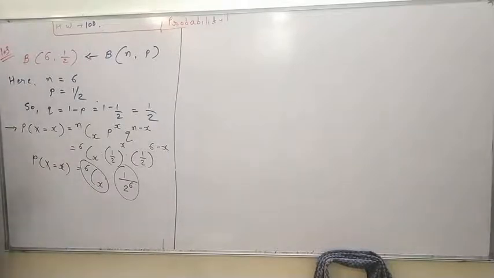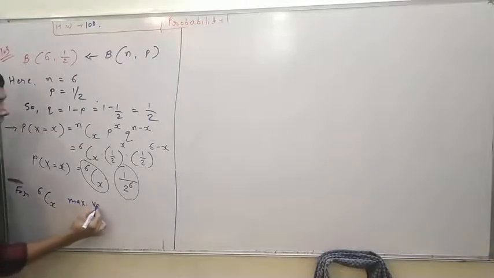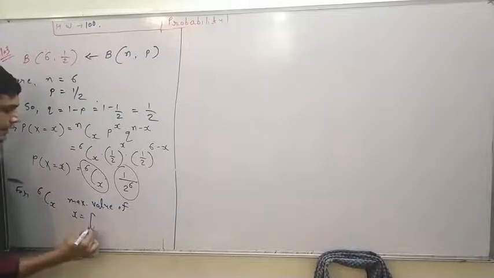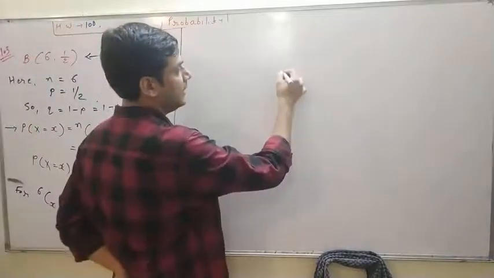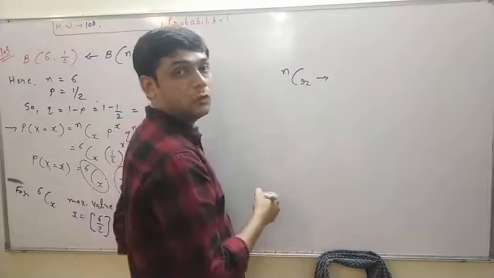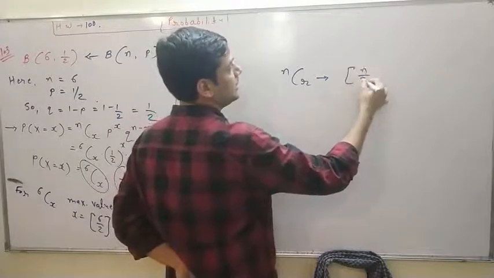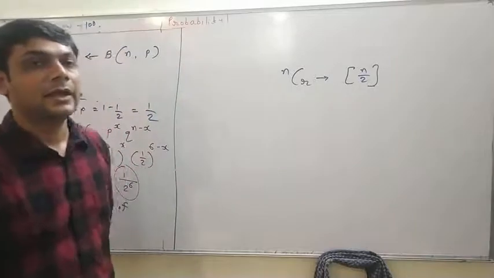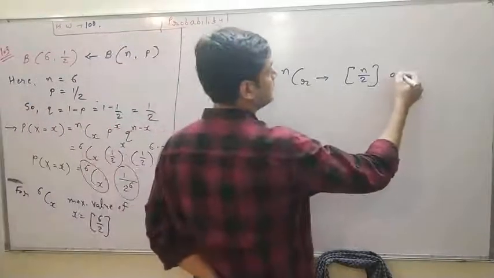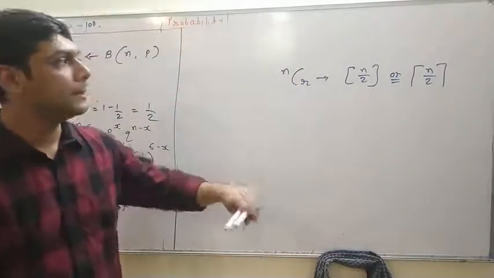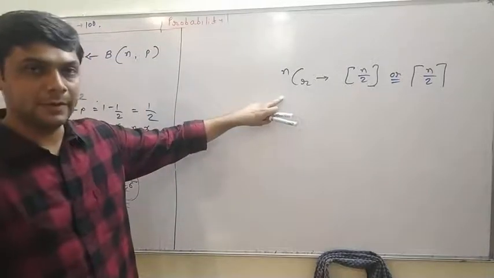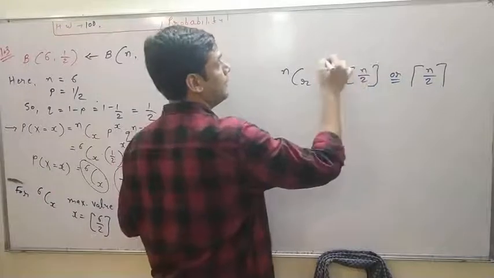So for 6Cx, maximum value is at x equal to the greatest integer function of 6 by 2. 11 standard permutation combination માં આપણે આવી ફોર્મ્યુલા આવી હતી કે for nCr it is maximum when r is greatest integer function of n by 2, બરાબર, or least integer function of n by 2. બે ટાઈમે maximum value nCr ની મળે, બરાબર. મોસ્ટલી n જ્યારે odd number હોય ત્યારે આ બે ફોર્મ્યુલા આવે.